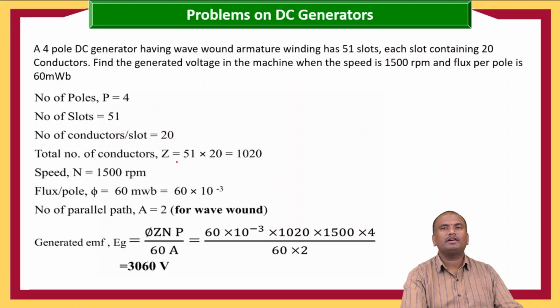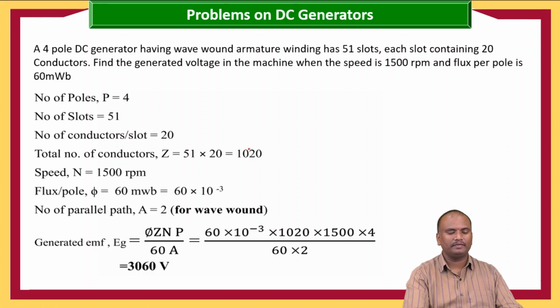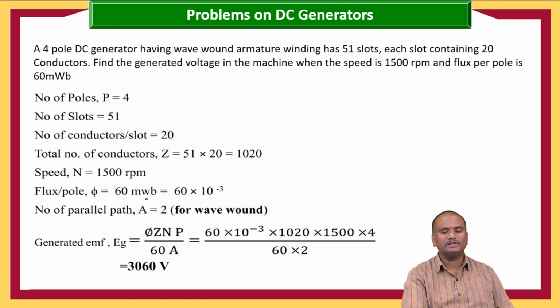So the total number of conductors is equal to 51 into 20, which is equal to 1020. The speed is 1500 rpm and the flux per pole is 60 milliwebers, that is 60 into 10 to the power of minus 3.